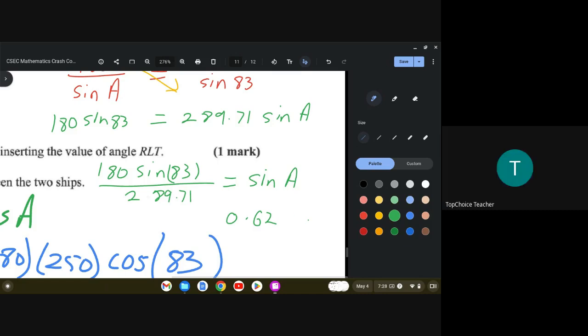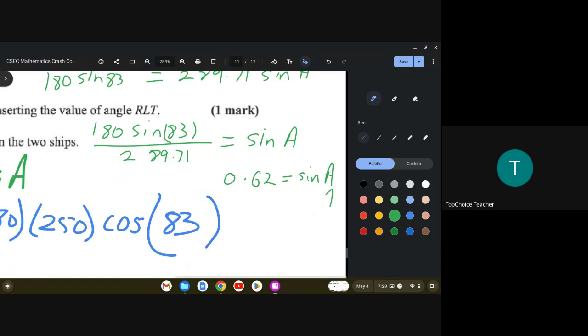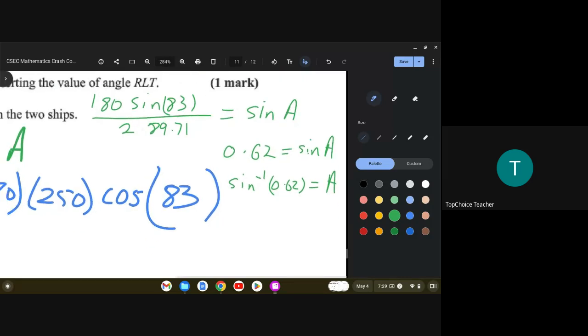So if we know that, how do we find A? We need to find the sine inverse. Sine inverse of 0.62, which is sine to the power negative 1 of 0.62, is going to be equal to A. And that should work out an angle of about 38.31 degrees is equal to angle A.